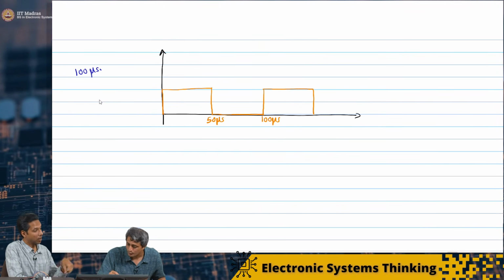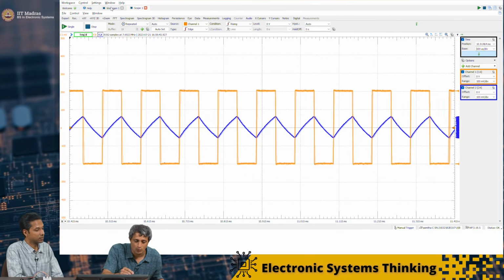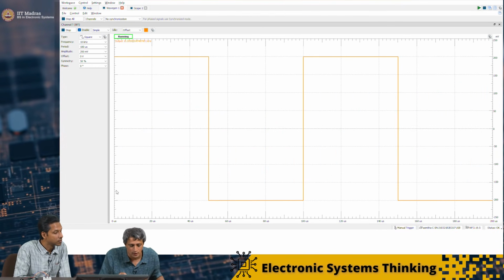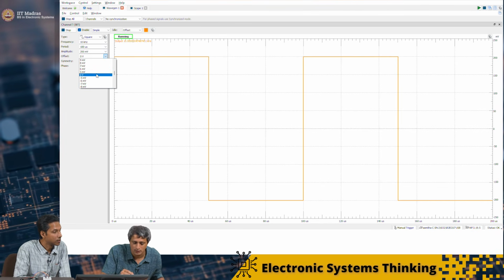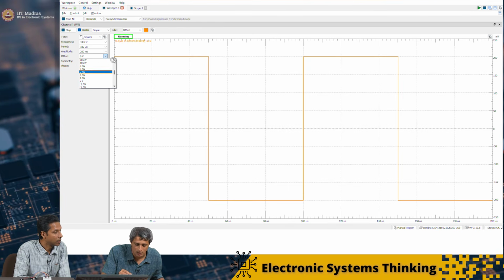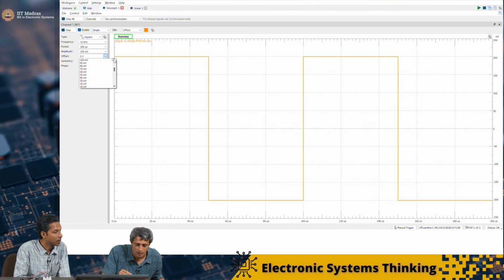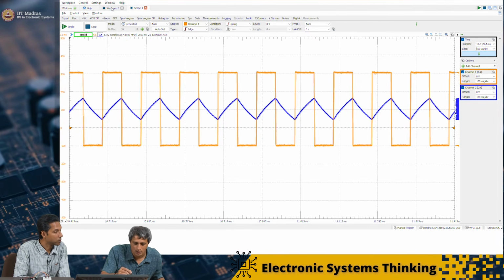So maybe we can avoid this negative side of the input. That also we can try. If you want to do that, let's see if there is a way to do this. I'll just give an offset of 100 milli, and then make the VM 100.